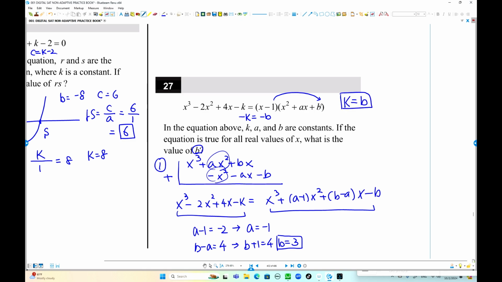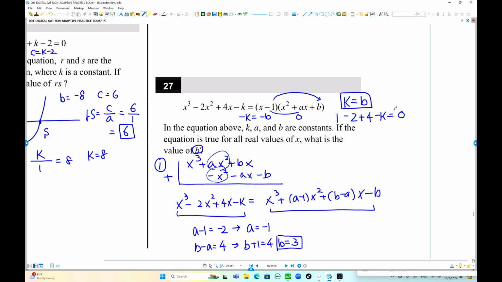Because we know that k equals b, how can you find k? You can use the factor theorem. When x equals 1, the right hand side all goes to 0, right? Put the number 1 in the left hand side. When x is 1, it is 1 plus 4 minus 2 minus k equals 0, isn't it?